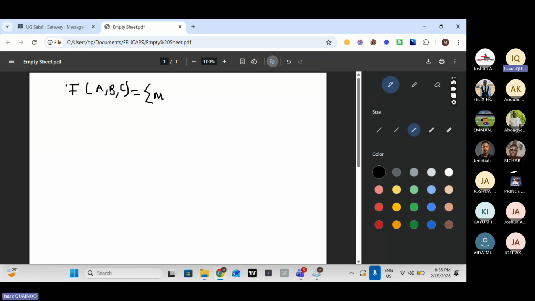Then we have M bracket 0, 1, 6, 7, plus don't care condition.